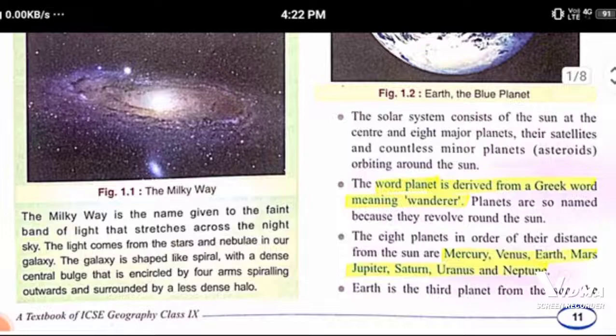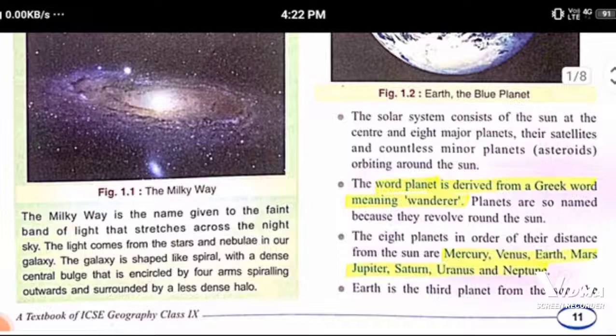So the galaxy is shaped like a spiral with a dense central bulge that is encircled by 4 arms spiraling outwards, like the 4 circles of a spring, and surrounded by a less dense halo.